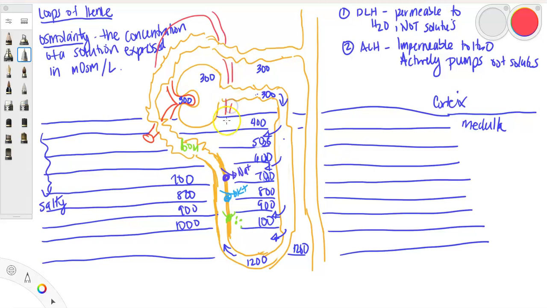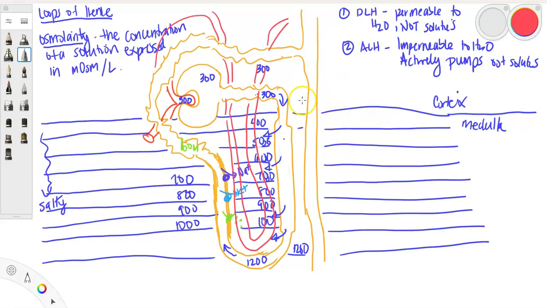We went through this before. Peritubular capillaries are coming up this way. So some of that water is being reabsorbed into the blood. Some of these pumped solutes are also being reabsorbed into the blood. So there's reabsorption going on here as well.